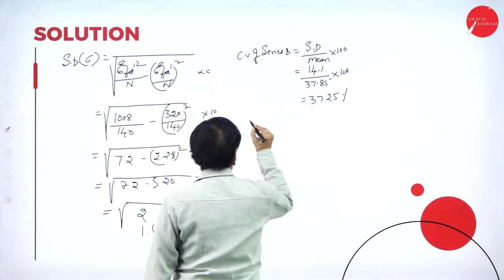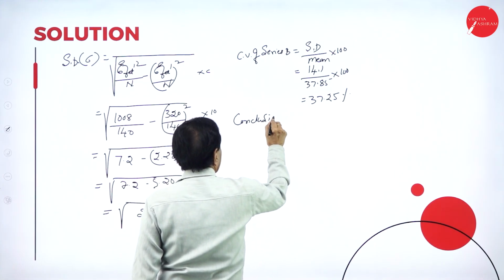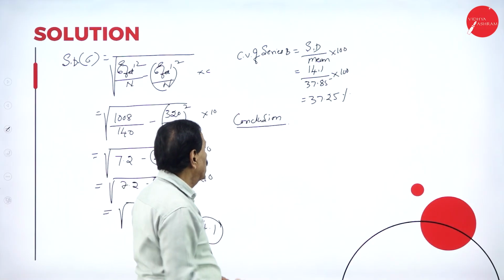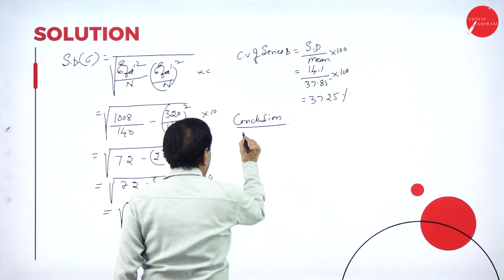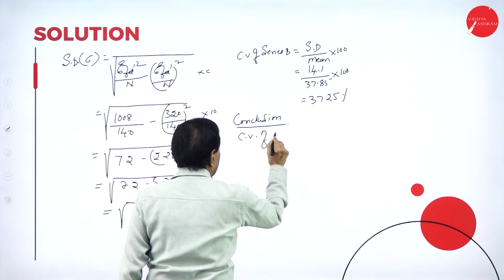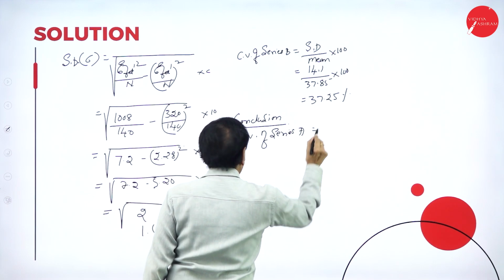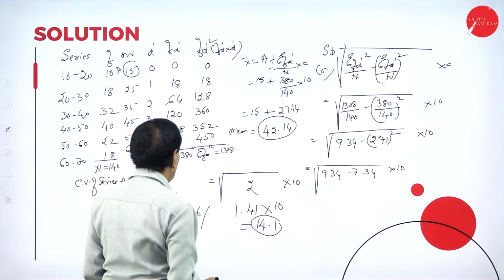Now, conclusion. What's the question they ask? State which series is more consistent. CV of series A is 32.46.